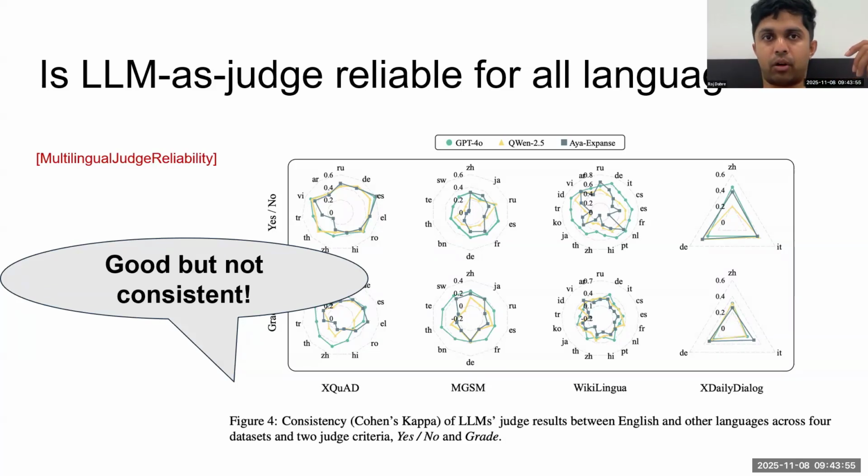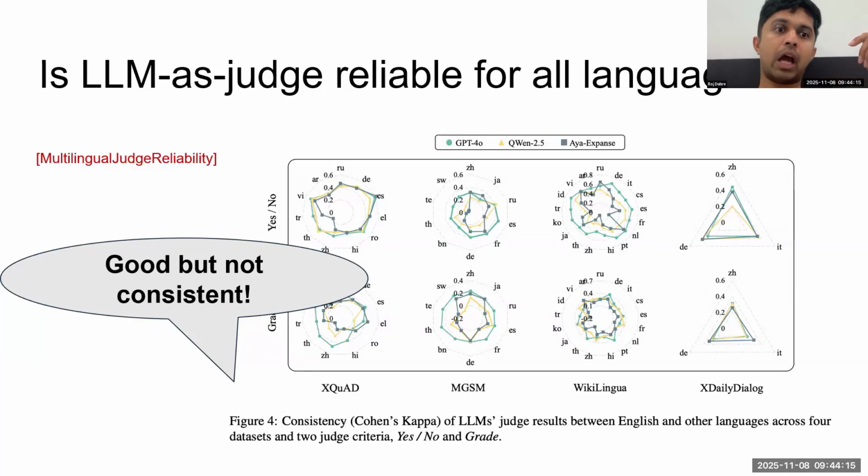What we really want is, if I have a prompt in English with a good response, and a prompt in Japanese with an equally good response, then my LLM as a judge should give consistent rewards for both responses.